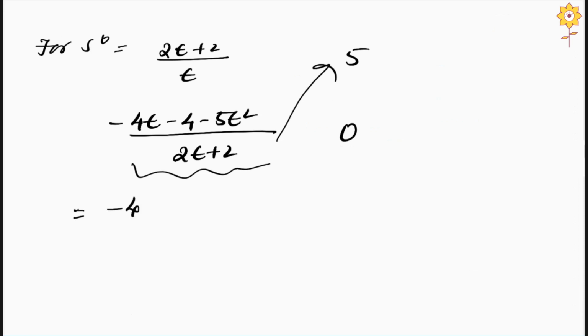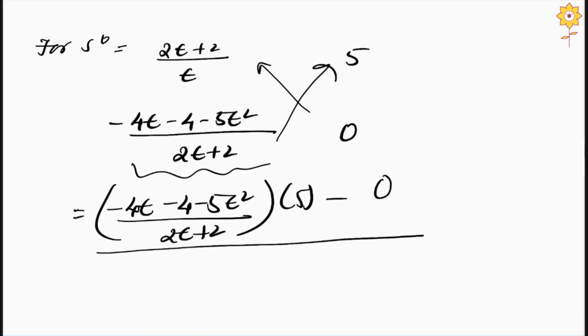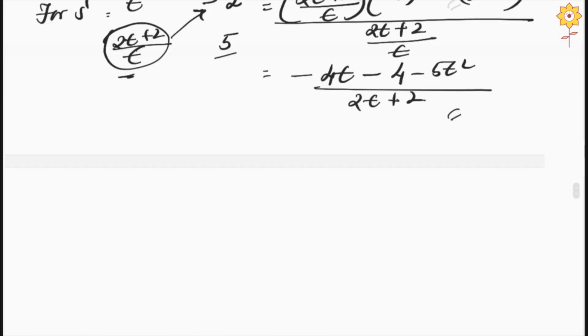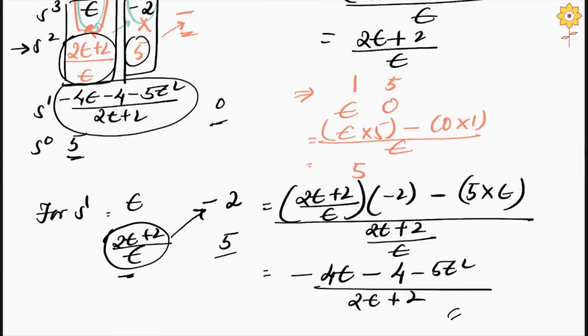You will have this term into 5 minus this into this; 0 into this number is going to be 0. So, let us write 0 upon this term. These terms will get cancelled out and you will get 5 as the answer. Let us fill it over here. So, we were able to build the entire Routh's array.